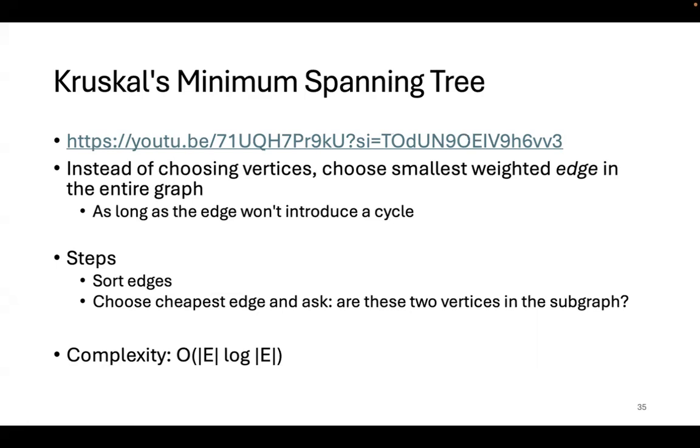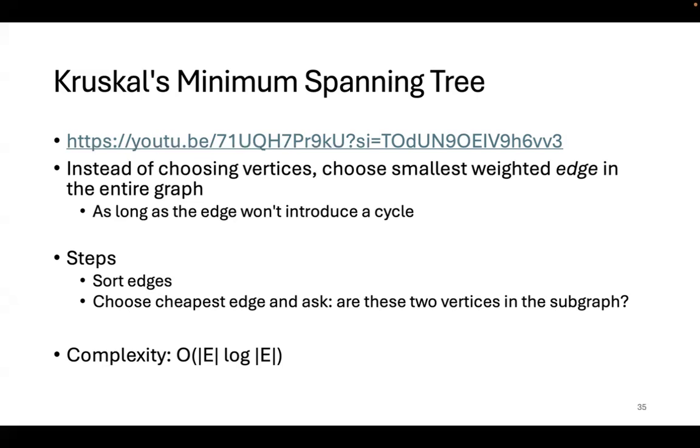And then this is the question that the video does not do extremely well on, which is we find that smallest available edge and we look at the vertices associated with it. And we ask, are these two already connected in our tree or not? If they are not connected in our tree, then we add it. We take that edge.